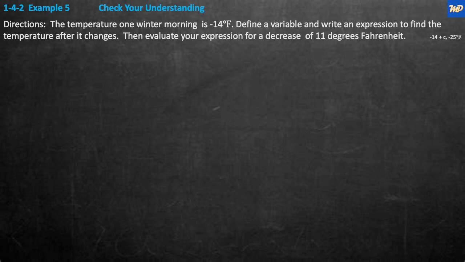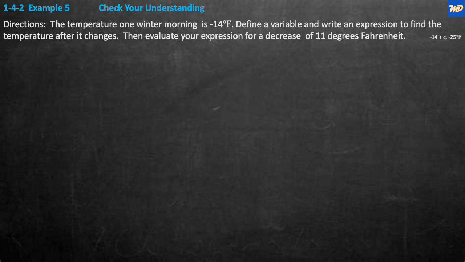Okay, this is basically the same thing we've been doing. Then evaluate your expression for a decrease of 11 degrees Fahrenheit. So go ahead and stop, and when you come back, we'll write this up. Okay, I'm assuming you've done that, so let's get moving on it.